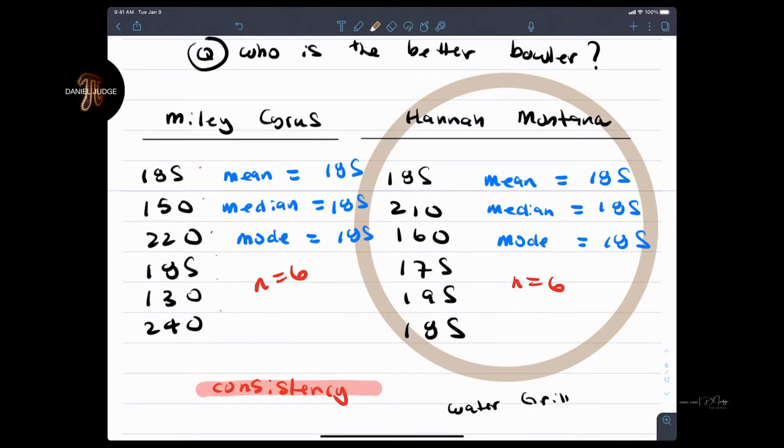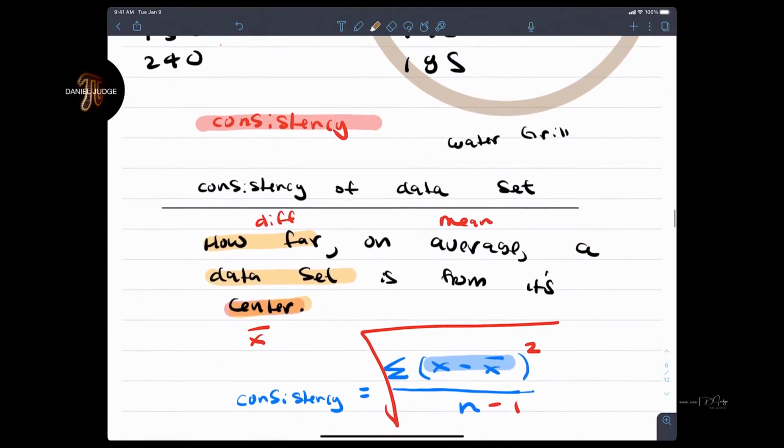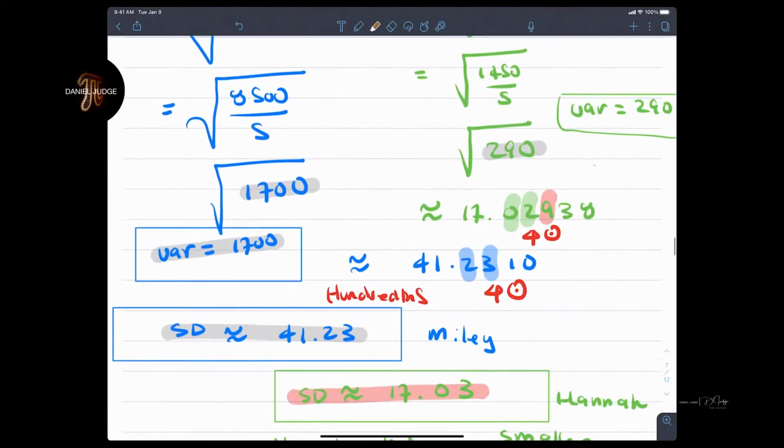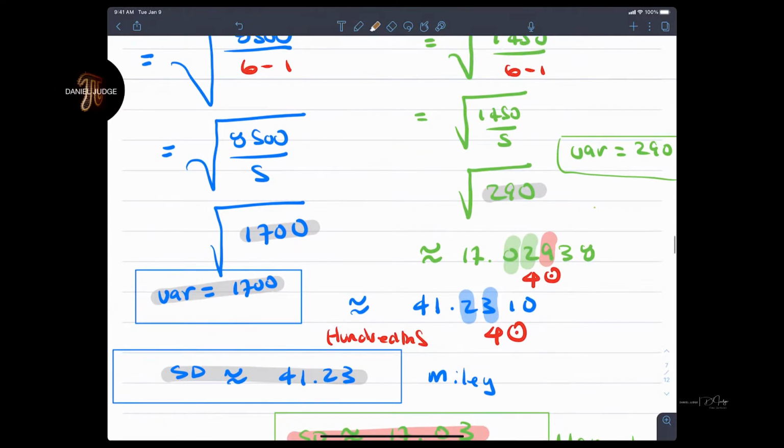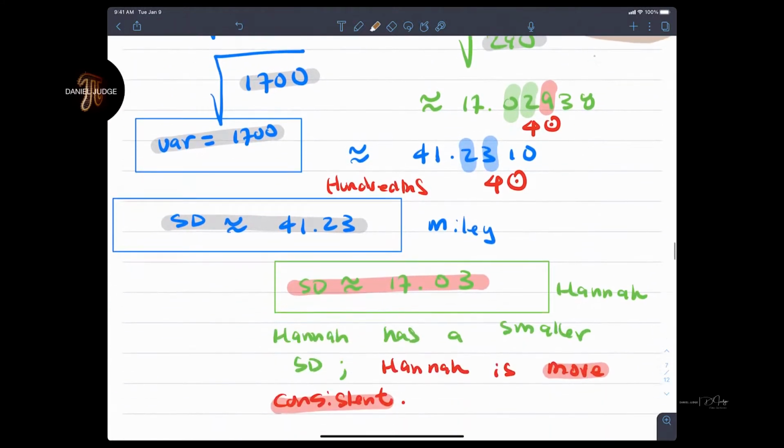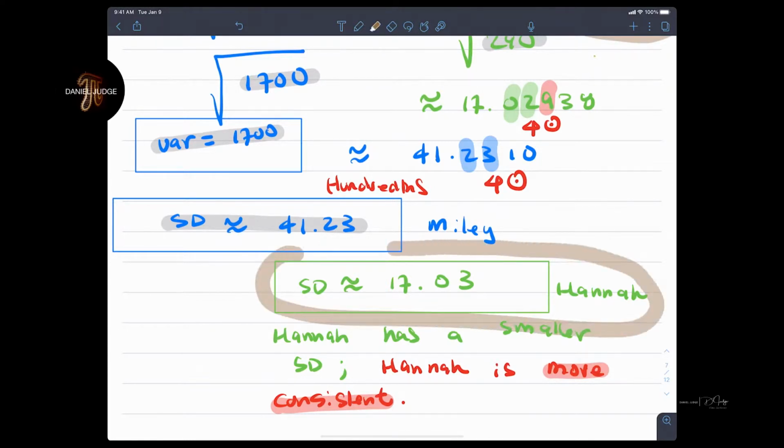So what I'm going to do now is ask you guys to use the shortcut formula to verify that the variance is 290 and the standard deviation is 17.03, approximated to the nearest hundredths position. And this is again for Hannah Montana. So you get to see and verify.